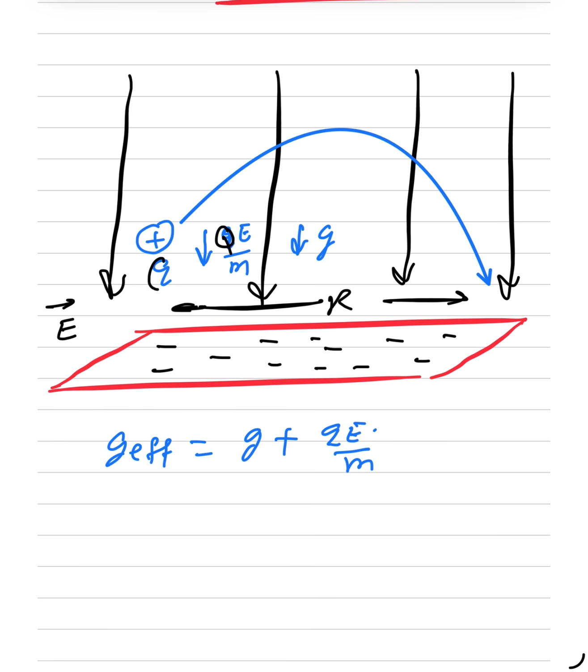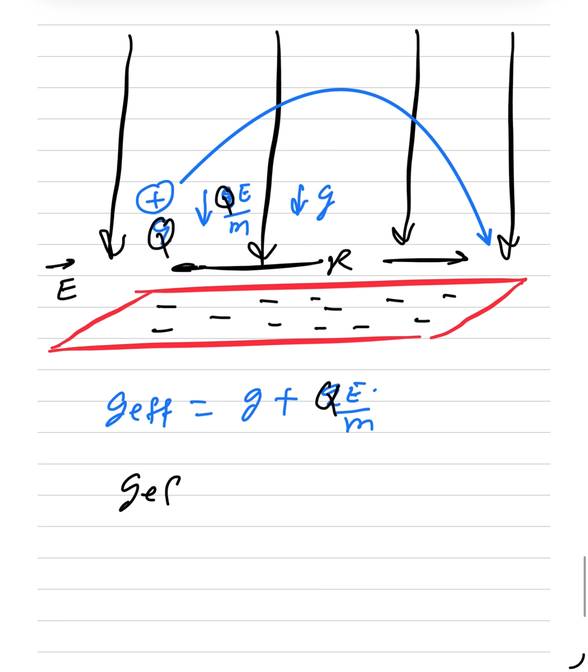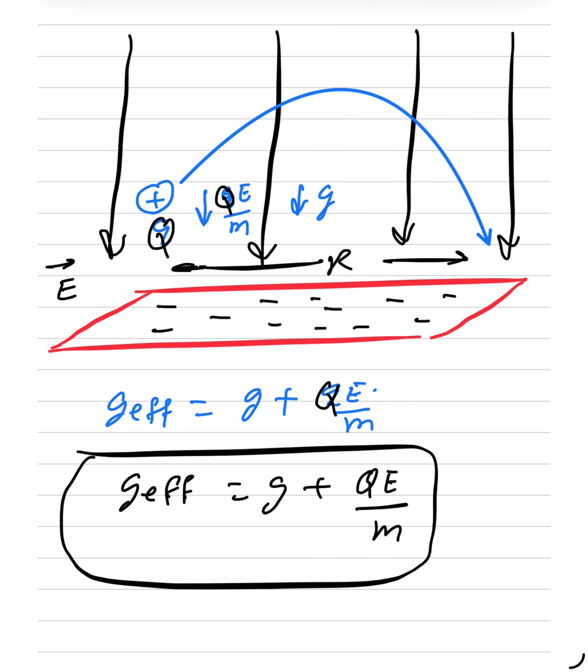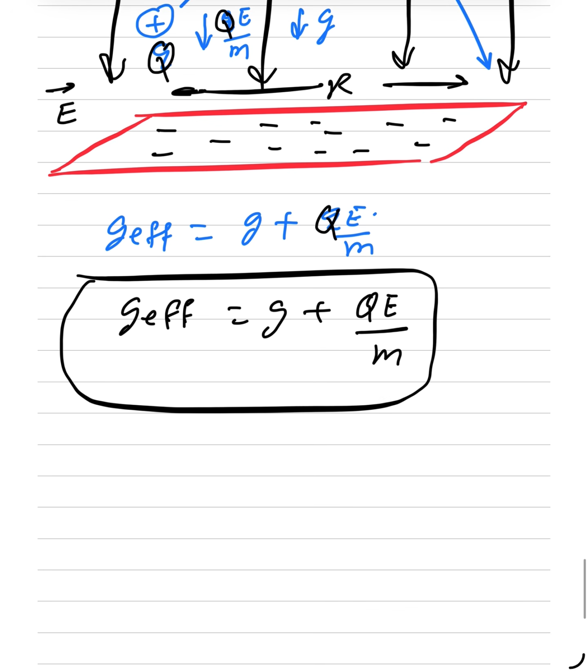To avoid confusion, using capital Q for the charge, g effective equals g plus capital Q E divided by m.